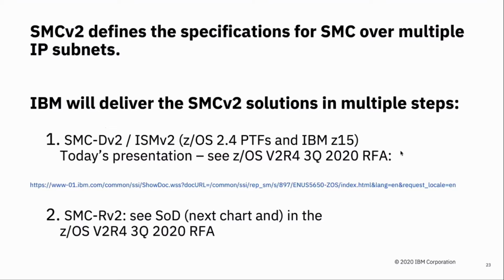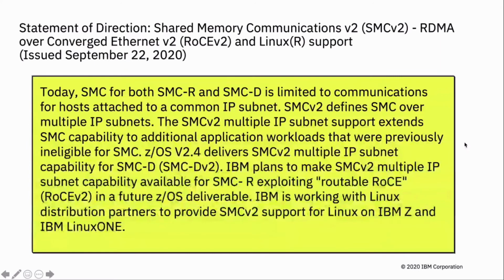Now, as far as SMC-R, we've made a statement of direction of what our intent is, and you can read that SOD in the same RFA, on where this next step is going to hit. On this next chart, I actually have a copy of that statement of direction. It basically says that IBM intends to provide this same support with RDMAs. So we'd like to provide version 2 with SMC-D first, followed at some point with SMC-R version 2.